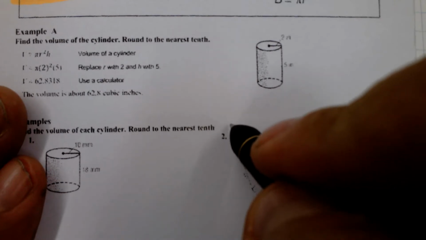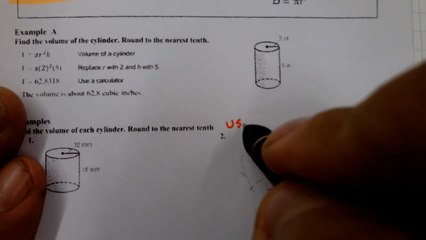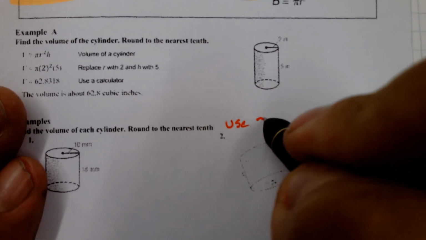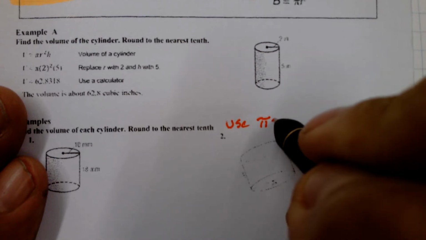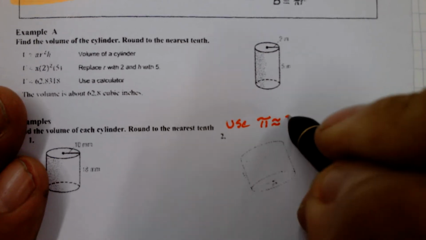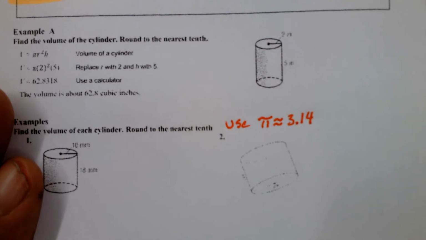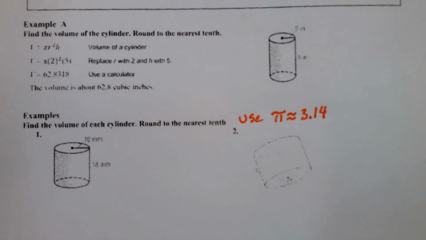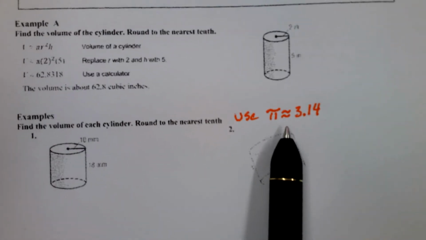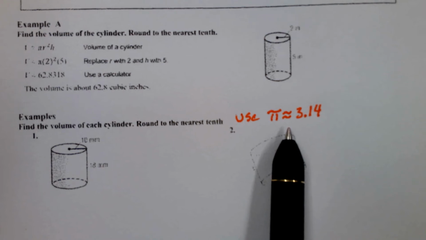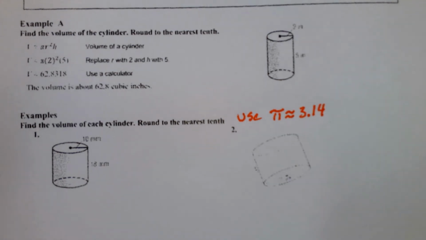So for all four of these answers, we're going to use pi approximately 3.14. But remember, I'm putting the squiggly equals because this is an approximation. All right.